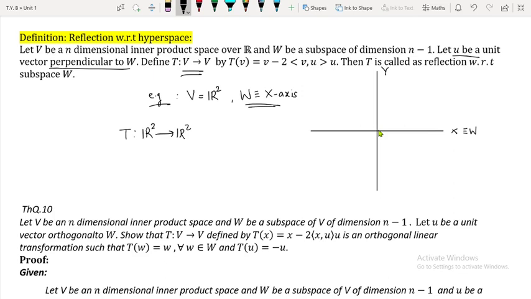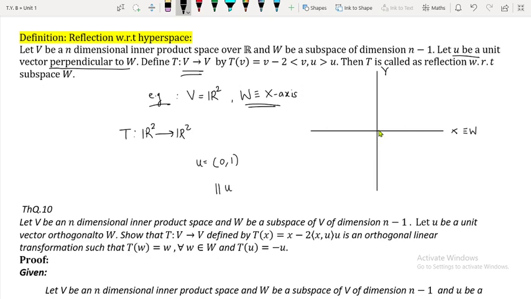So if you know a vector along y-axis, then definitely you can tell a vector that is perpendicular to x-axis. So which is a vector along y-axis? There are many vectors. You have (0,1), (0,2), (0,3) and so on, but I want the unit vector. So which is the unit vector along y-axis? That is (0,1). So my choice of u will be (0,1). Why is it a unit vector?